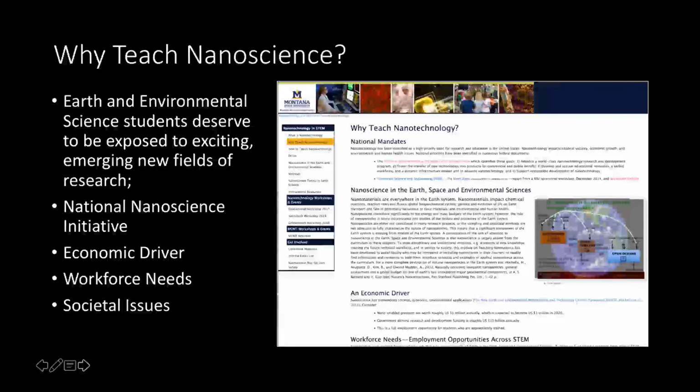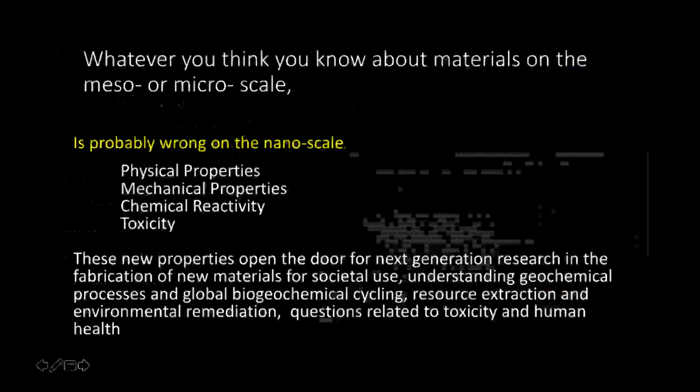Nanoscience is a major economic driver, on the order of $3 trillion in nano-enabled materials by the year 2020, on the order of $10 billion a year of research funds from all sources, not just federal, but also industrial as well. We're really missing the boat if we don't prepare our students for the future workforce needs in nanoscience. And there's a whole range of societal issues that are addressed by nanoscience as well. And we'll come back to those in a few minutes.